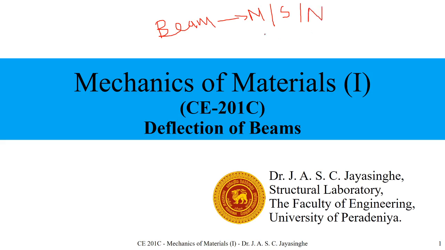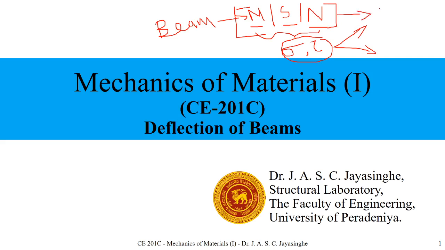We estimated these values, and based on them we checked the shear and normal stress, how they vary with the cross section, and how they change on inclined planes. Simply, these things work with the strength of the beam system.